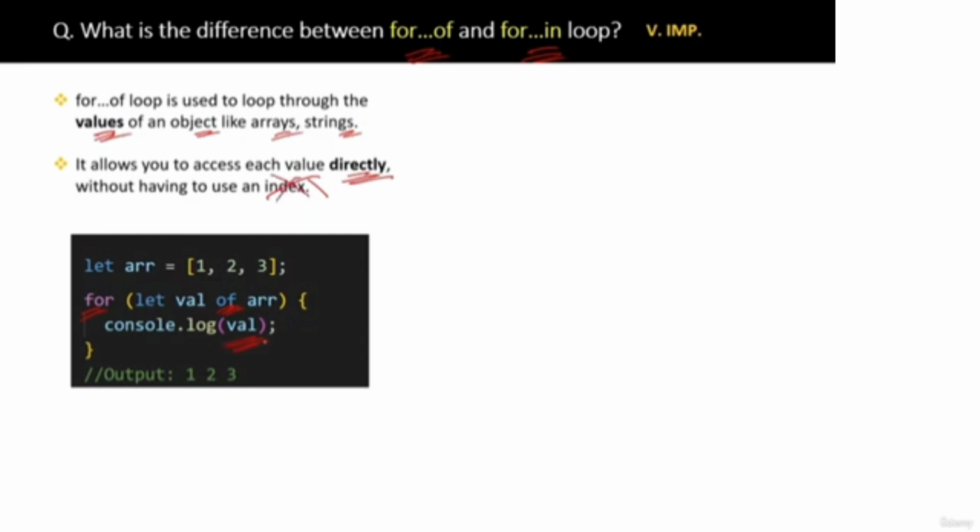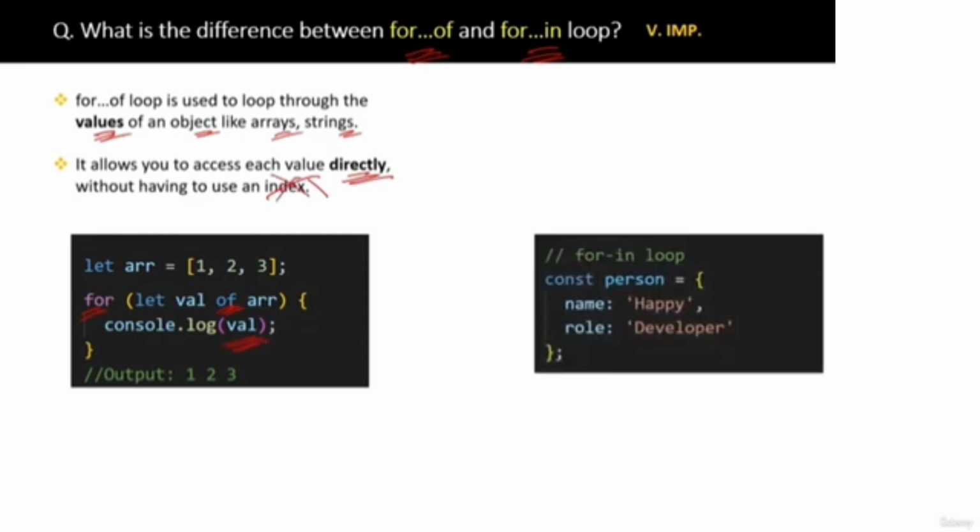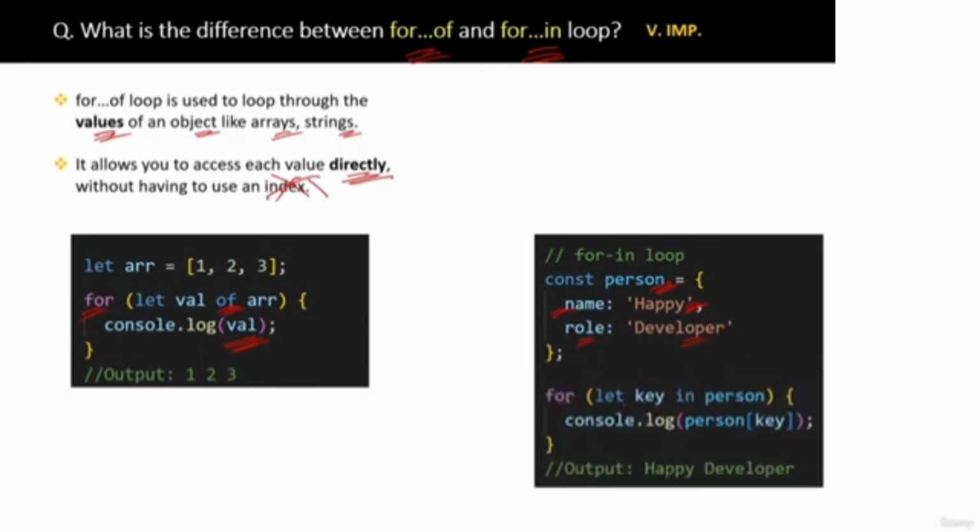Now, if you see the code for the for in loop, here we have this object with its keys and their values, right? It's like a key value pair. So to iterate over this kind of key value pair objects, we use the for in loop like this. Here by using the for in loop, we are iterating over the object. And then we can use the key as an index to log the value of the particular keys, so finally getting all the values of the object in the output.